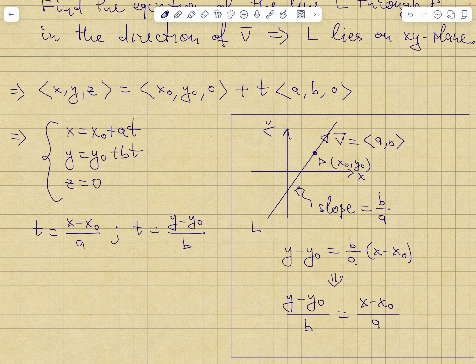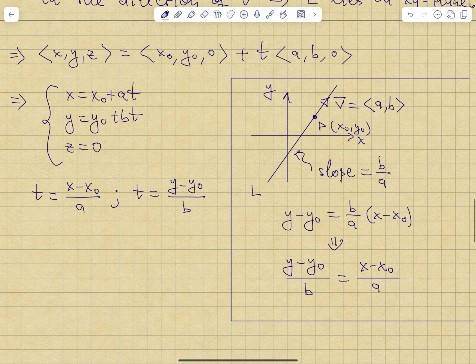And so after eliminating t, because t must be the same, coming out from both coordinates, it has to be true that y minus y0 over b must be the same as x minus x0 over a, and z at the same time should stay equal to 0.